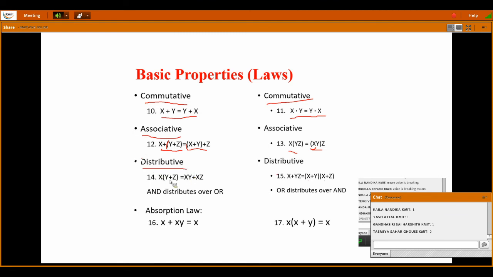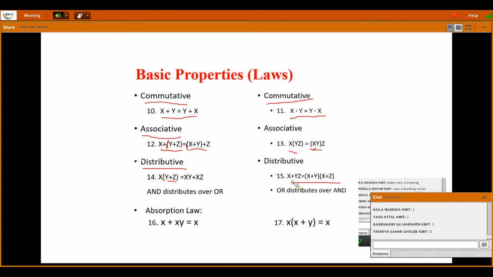And the next one, distributive. x into y plus z will be equal to multiplying the terms, so xy plus xz. This is distributive law. Next, similarly, there is a small difference here. In the first, x into y plus z, the plus is in the brackets.